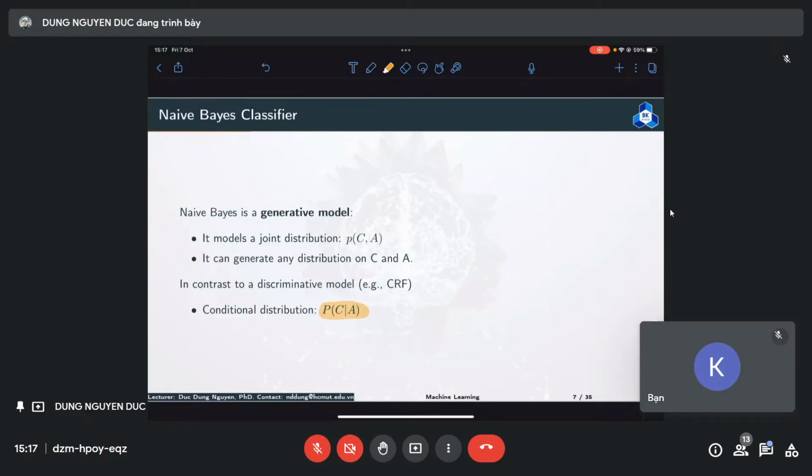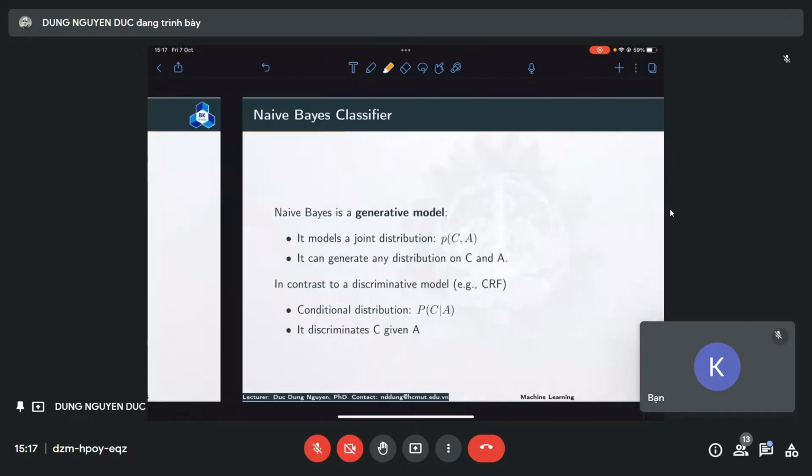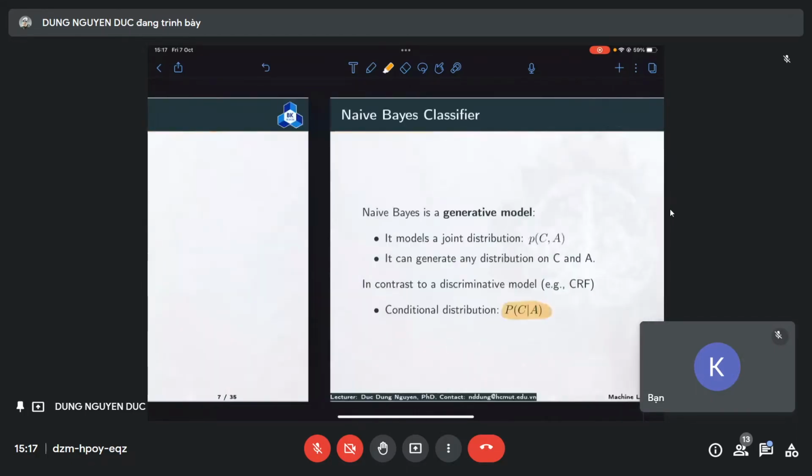So if you can somehow calculate this conditional distribution, then it's easy for you to decide what class your data can be classified into. Okay, and right now, we finished with some basic one, I guess.